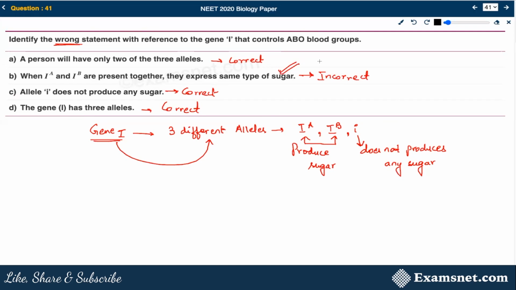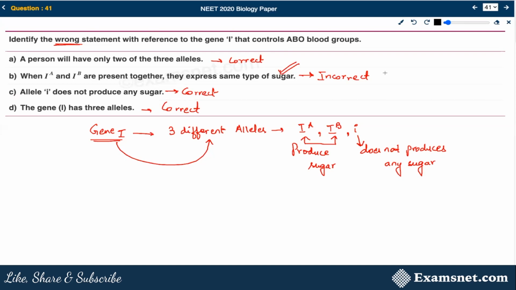So when IA and IB are present together, do they express the same type of sugar? No. When they are present together, they actually produce a slightly different form of sugar from one another.